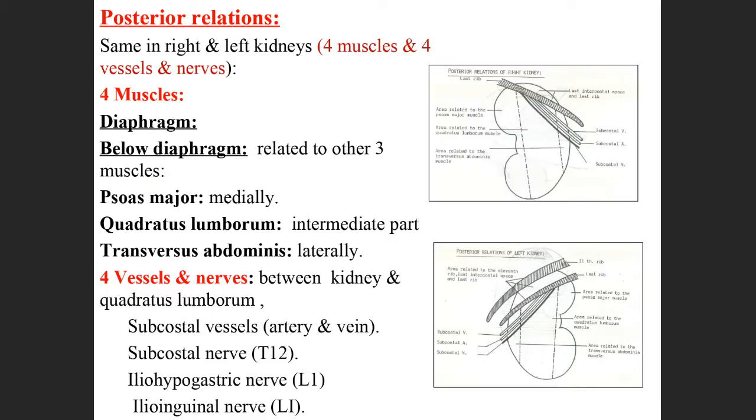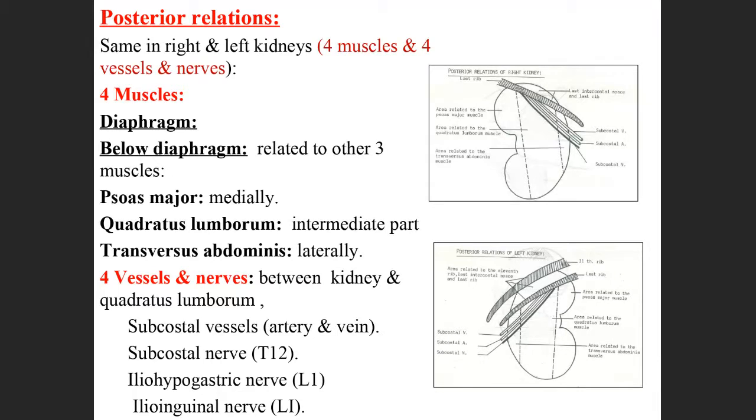Next, as I already mentioned, the posterior relations of both kidneys are the same. What are the similar structures? Posteriorly, both kidneys are related to four muscles, four vessels and nerves. So what are the four muscles?